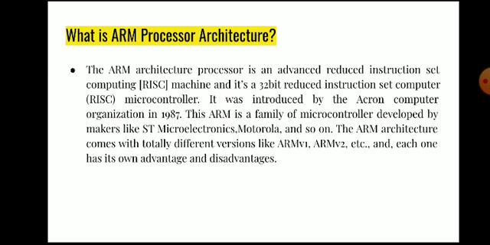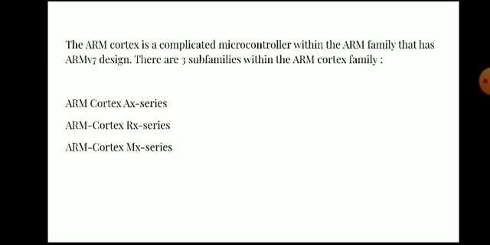It was introduced by Acorn Computer Organization in 1982-1987. ARM is a family of microcontrollers developed by makers like ST Microelectronics, Motorola, and so on. The ARM architecture comes in different versions like ARM version 1, ARM version 2, etc., and each one has its own advantages and disadvantages.